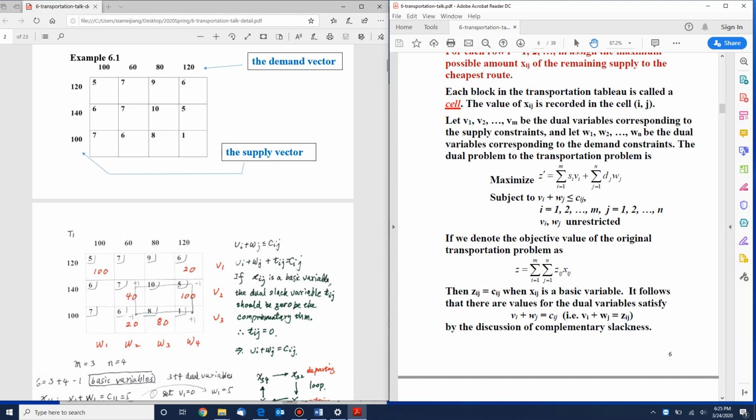So in this way, whenever xij is a basic variable, the constraint in the dual problem is satisfied with Vi plus Wj equals Cij. Okay, whenever xij is a basic variable, we have Vi plus Wj equals Cij in the dual problem.